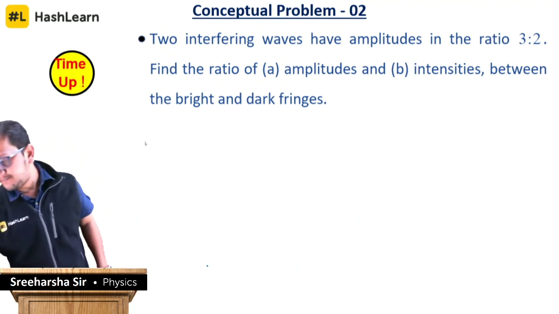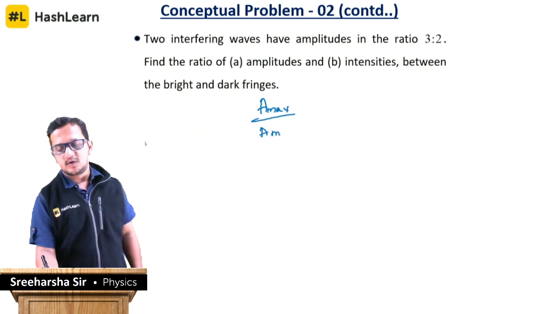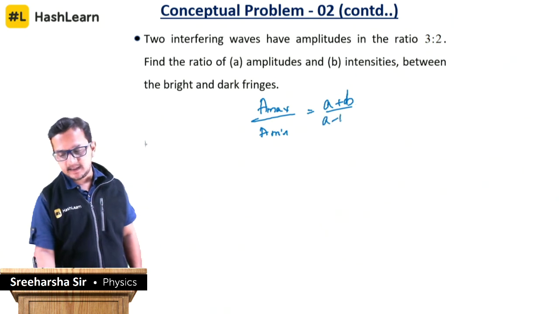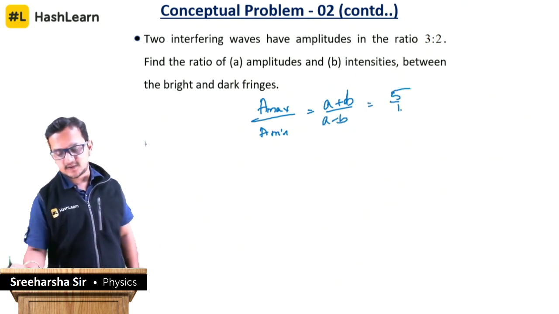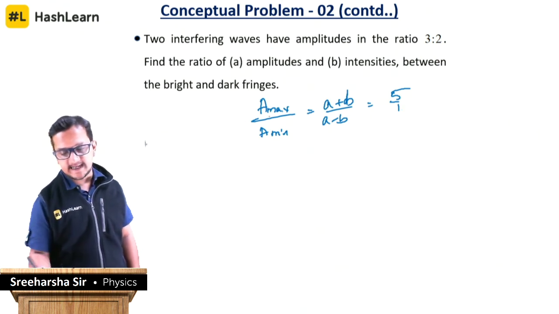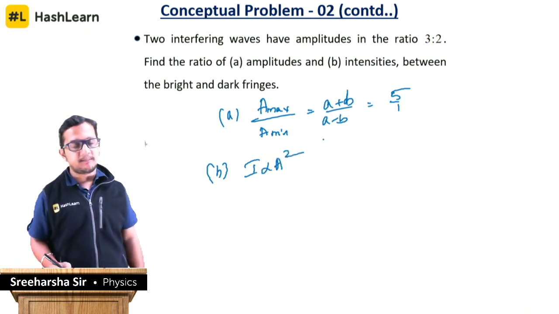Here the ratio of the amplitudes is given very simply by A max by A min, which is equal to a plus b by a minus b, which is equal to 5:1. So 5:1 is the answer for A. For B, the intensity is directly proportional to amplitude square.